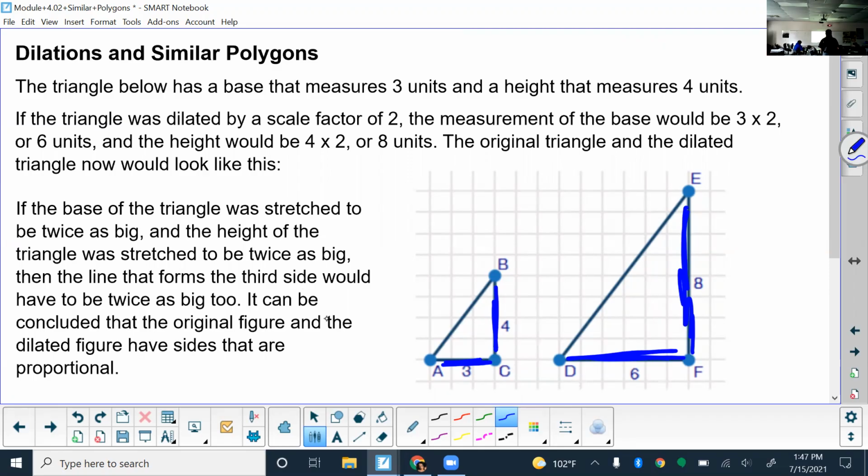So it can be concluded that the original and dilated figure have sides that are proportional, right? Because if I were to put these over each other, 3 over 6 and 4 over 8, they both equal 1/2 or 0.5. So we can conclude that these dilated figures have sides that are proportional.